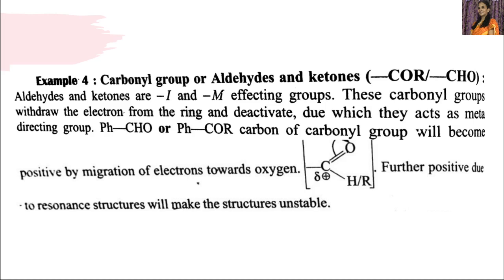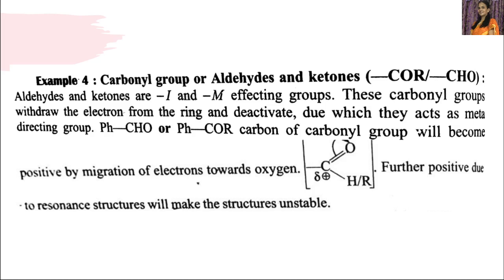So further, the positive charge, due to the resonance structures, will make the structures unstable. So what is happening here? Due to this bond polarization, the carbonyl carbon will become positive by migration of electrons towards oxygen. And further, this positive charge is resonance stabilized due to the resonance structures.